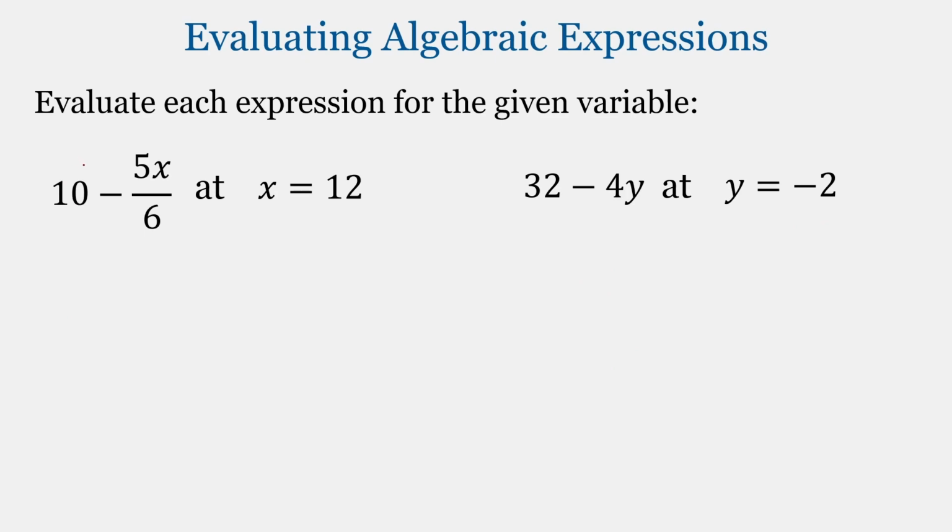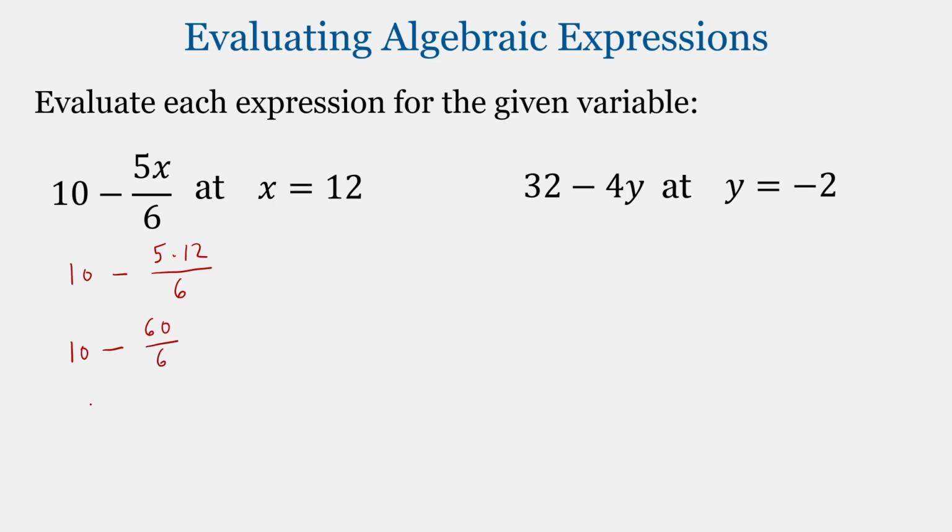For this third problem, we will evaluate the expression when x is equal to 12. So we'll have 10 minus, and then 5 times 12 divided by 6. The first step will be multiplication. So we have 10 minus, and then 5 times 12 is 60. And that's divided by 6.